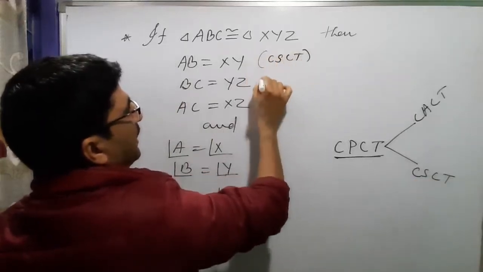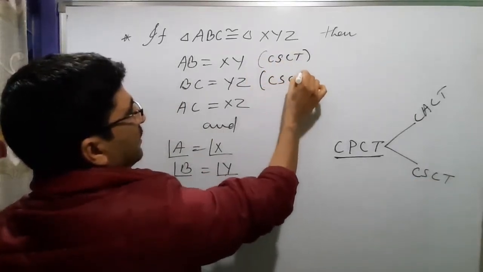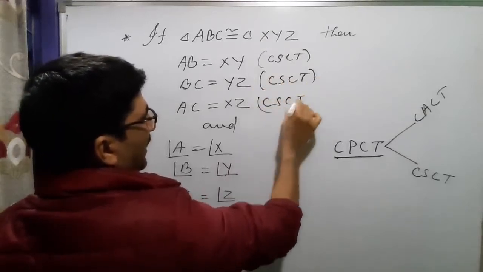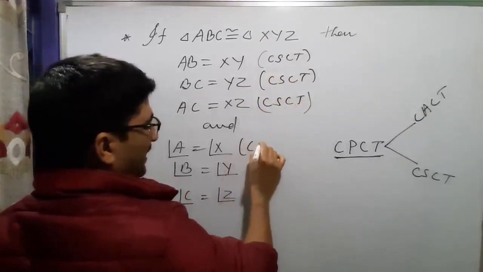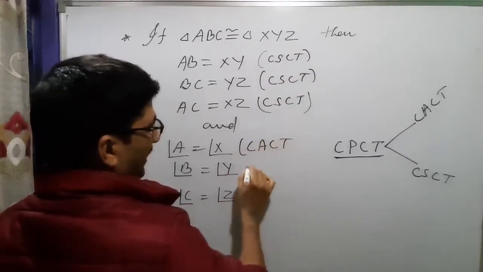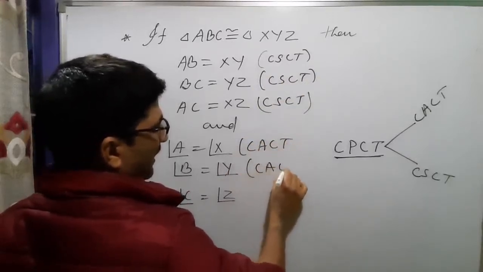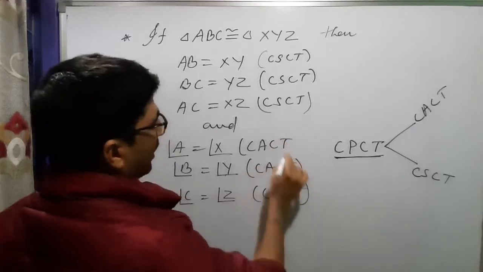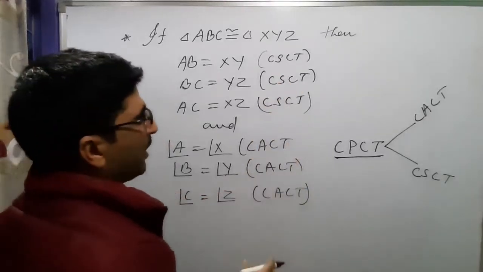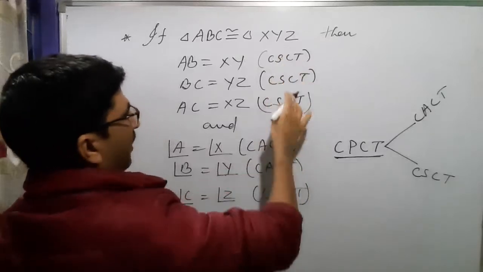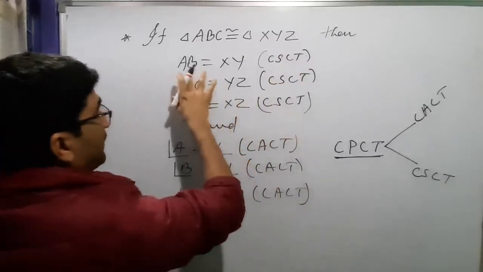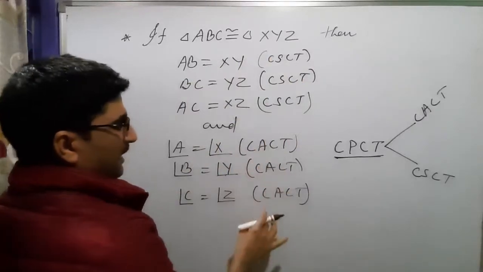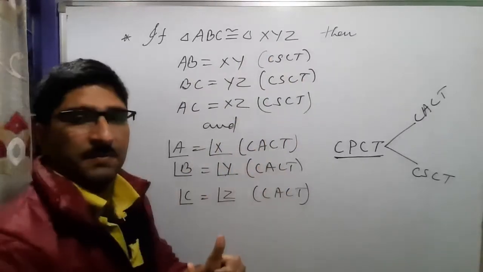You can write CPCT, no problem. But more accurately, if sides are equal, then CSCT. If angles are equal, then CACT. Then it looks better.